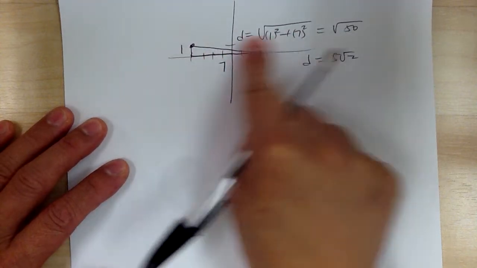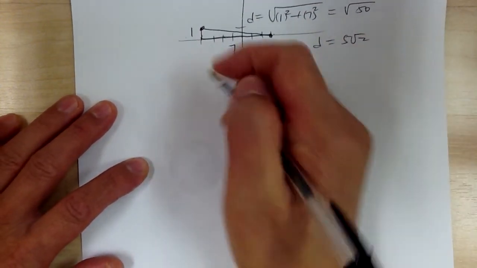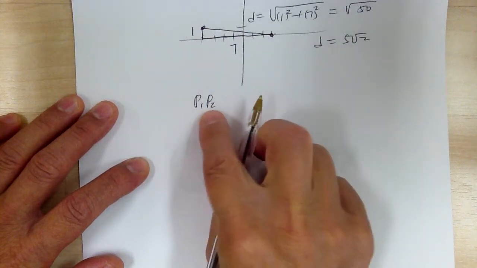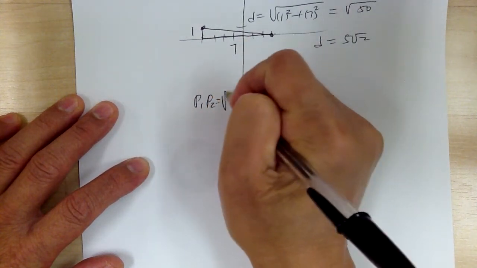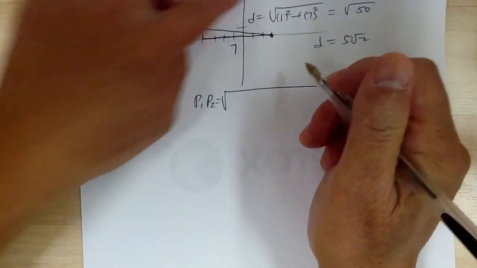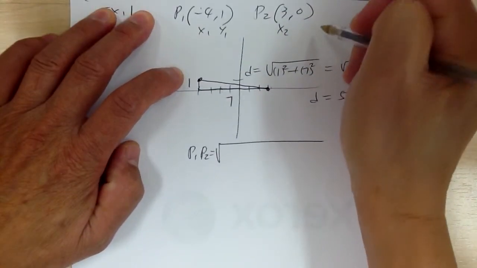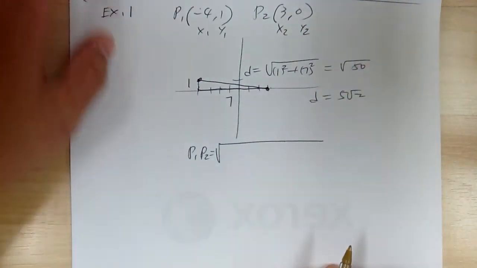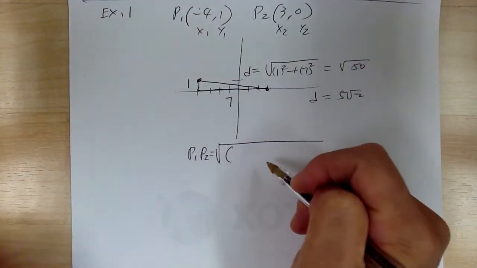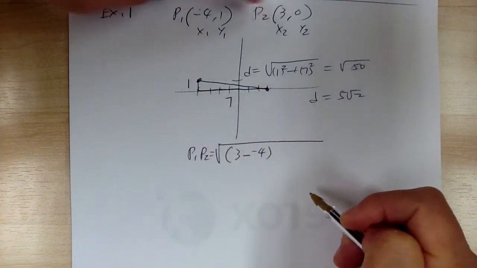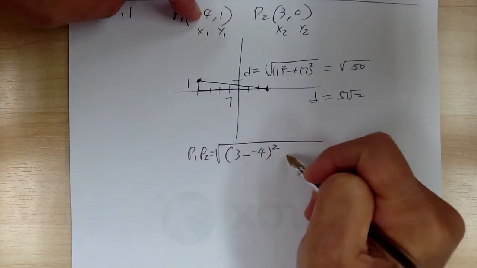Now let's say you don't sketch it out. Then you use the formula. So the distance between P1 and P2 is equal to the square root of, with x1, y1, x2, y2, you just subtract. So 3 minus negative 4, squared.